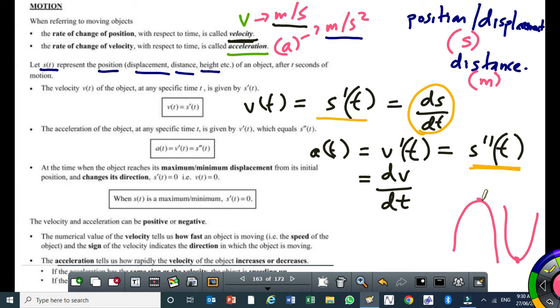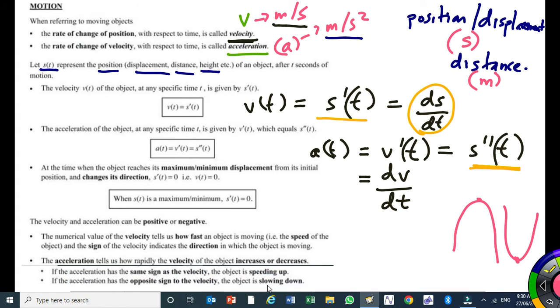Okay. Then you also need to know, and you can read this further on your own, that speed and velocity are more or less the same. They are the same unit, but they have got different signs. Velocity can be negative, but speed can never be negative. Right? Acceleration as well can be positive, it can be negative. When it's negative, we say that's a deceleration.